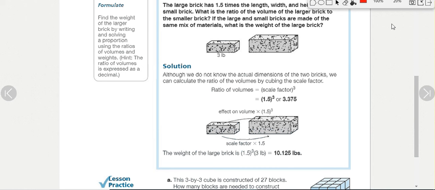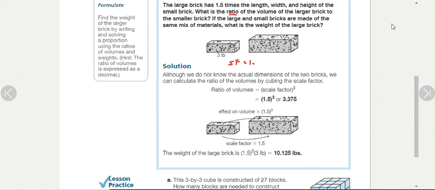If the scale factor from here to here is, they said, 1.5, we don't need to actually know what this length is, because they don't ask for a final amount. They ask for ratio. Okay? So we just need to know that the scale factor is 1.5.